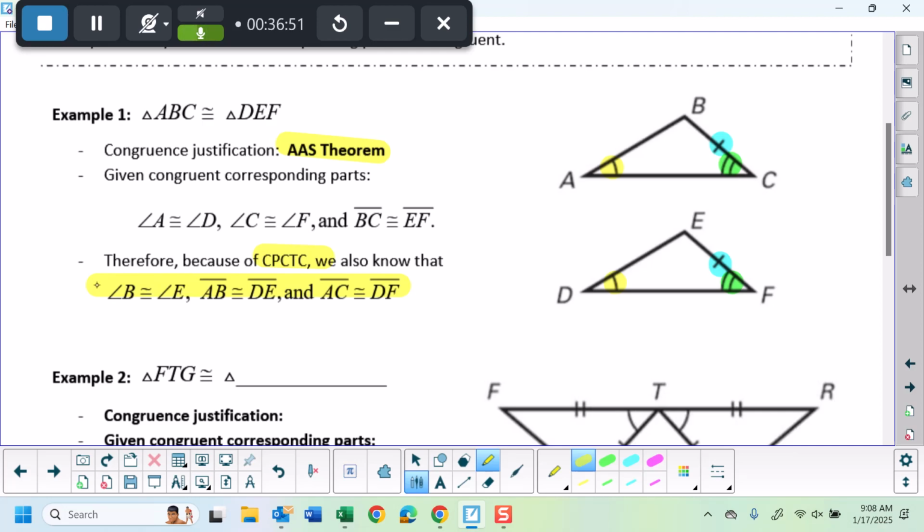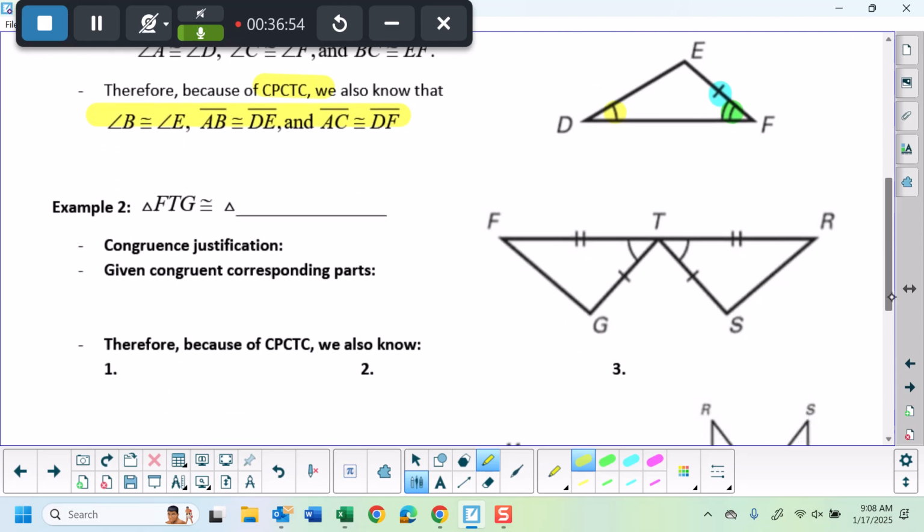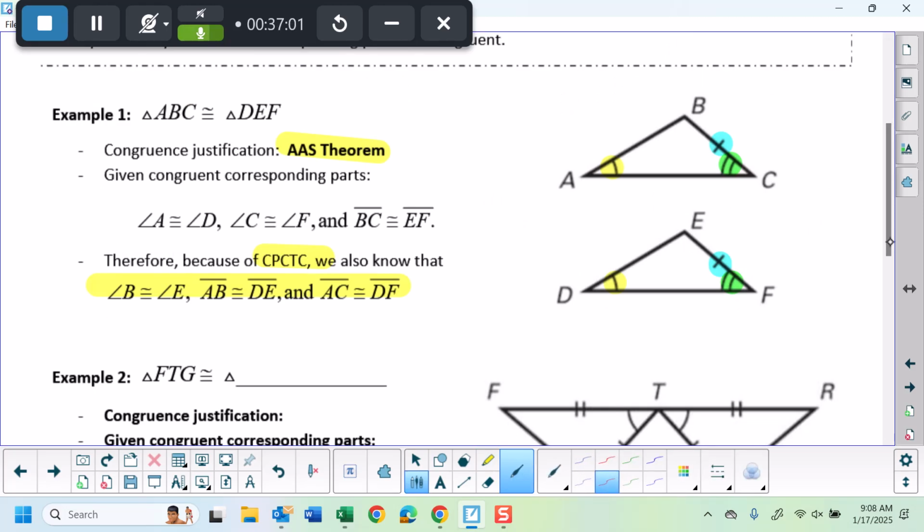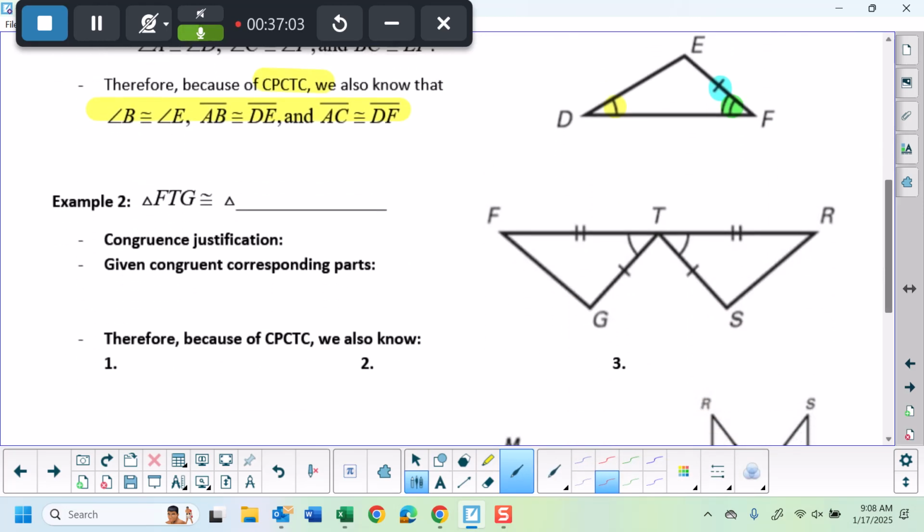All right, let's take a look at example 2. If I'm looking at triangle FTG, I know right away just from looking at it, it's going to be congruent to triangle RTS. So F and R correspond, my T's correspond, and my G and S. I have these two angles congruent to each other, and I have these two sides congruent to each other, and these two sides congruent to each other.